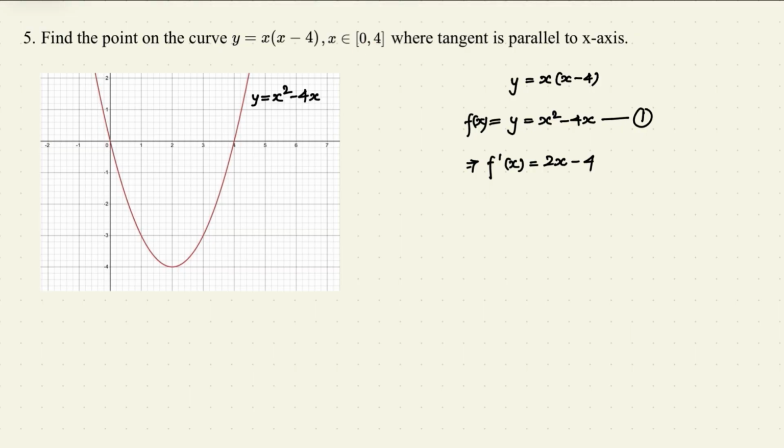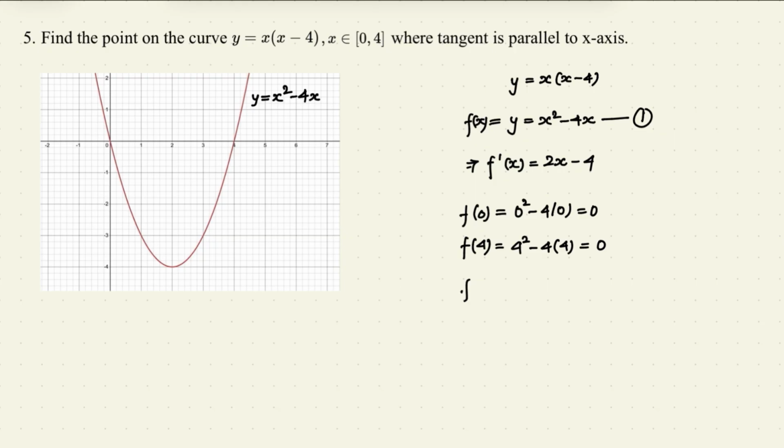And the third condition is that the value of f of 0 and the value of f of 4 should be equal. So my f of 0 will be, from equation 1, 0 square minus 4 into 0, that is 0. And f of 4 from equation 1 will be 4 square minus 4 into 4, that is 16 minus 16, which is also 0.